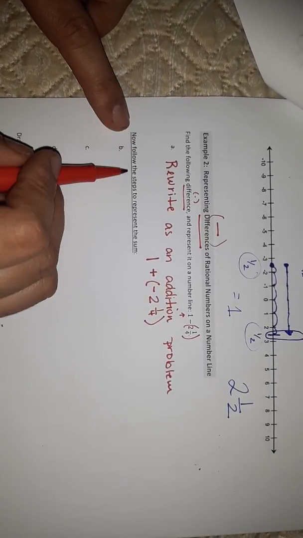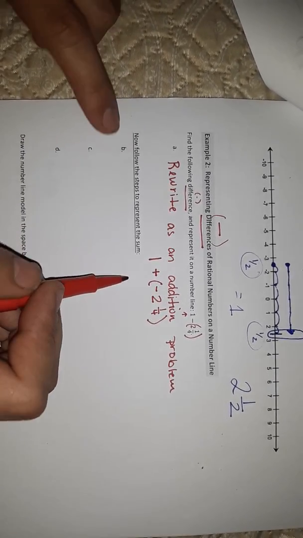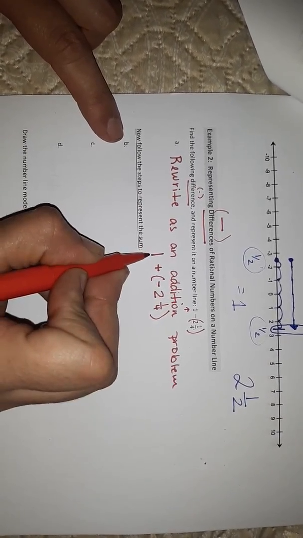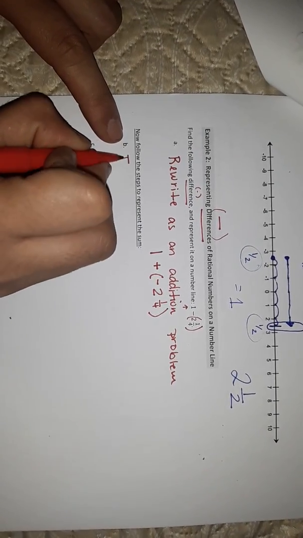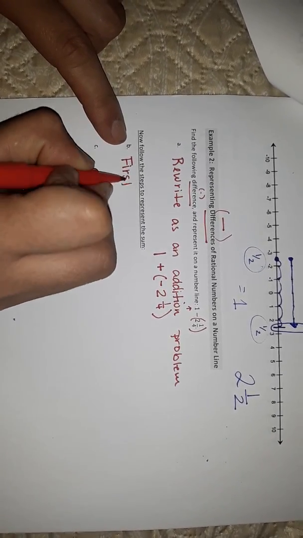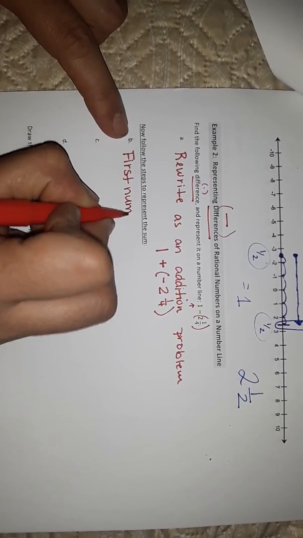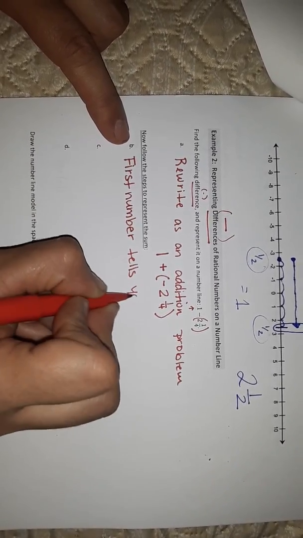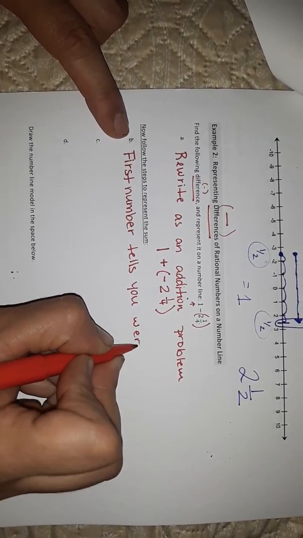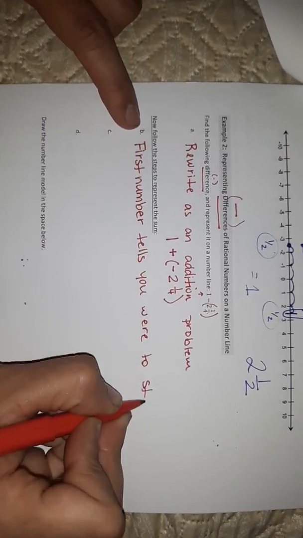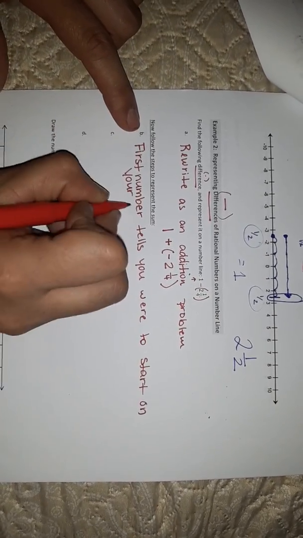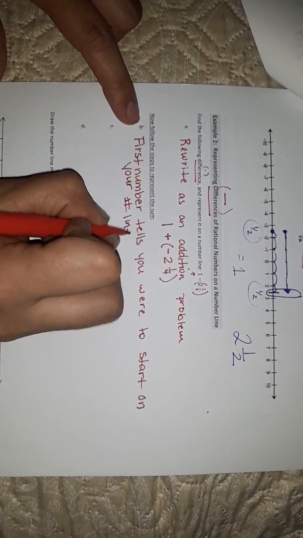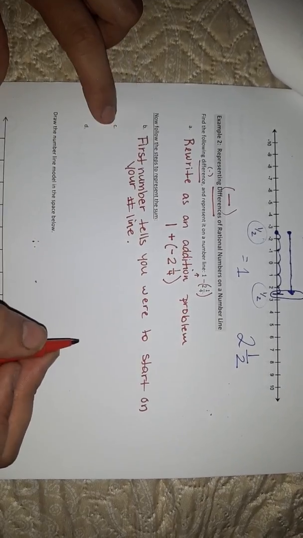All right, now follow the steps to represent the sum. So the first number tells you where to start on your number line. Okay, the 1.